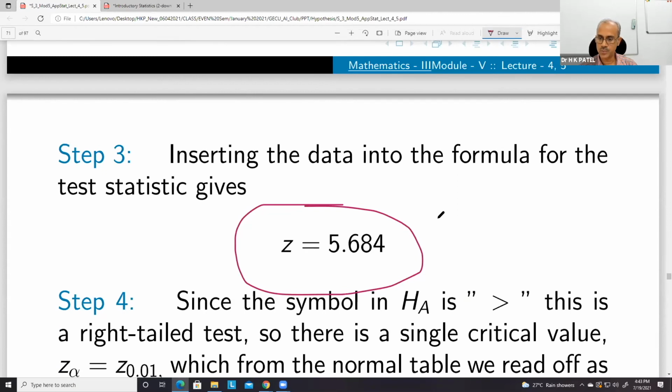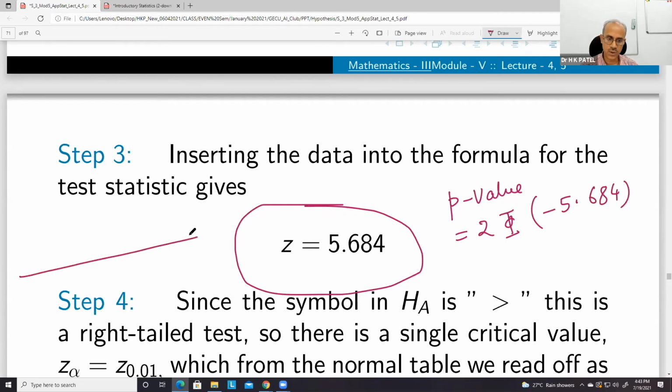If Z is 5.684, then the p-value will be equal to 2 times phi of minus 5.684, because minus Z will be here.